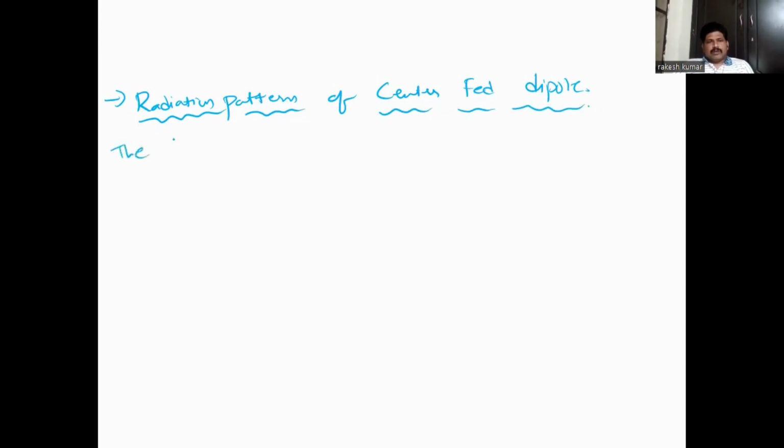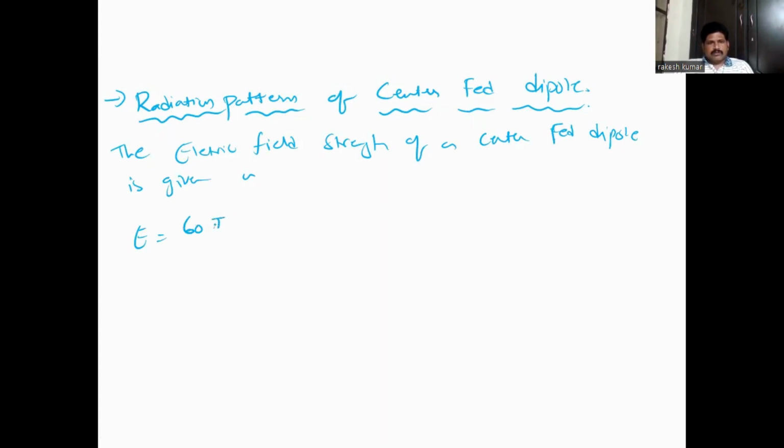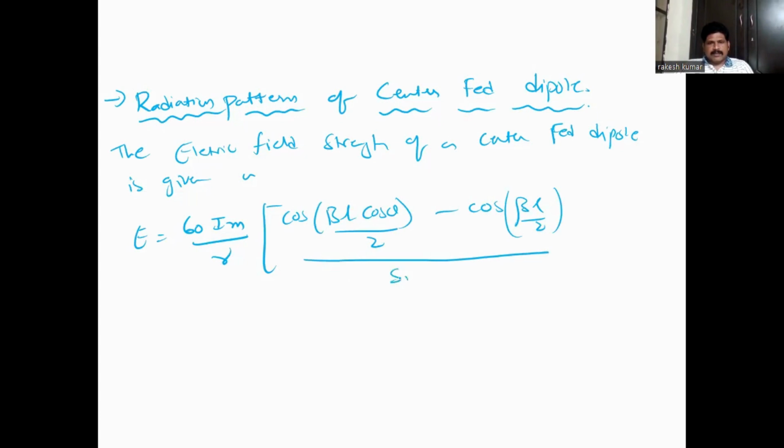So we know that the electrical field strength of a center fed type is given as E is equal to 60 Im by R into cos(theta L cos theta by 2) minus cos(theta L by 2), by sin theta.